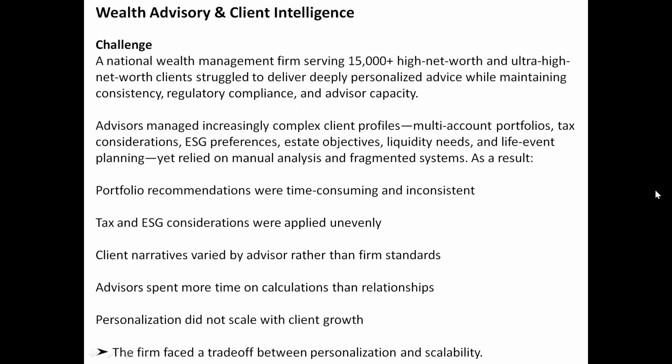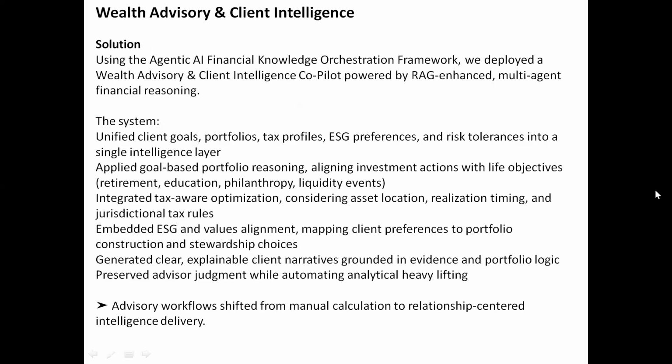So they have these kinds of challenges. The design addresses this with agentic AI to unify client goals, portfolio, tax profile, ESG preferences, and risk tolerance into a single intelligence layer, and applies different types of resolution to handle these challenges.